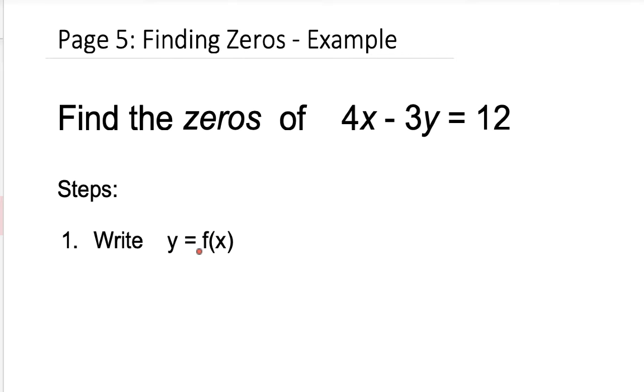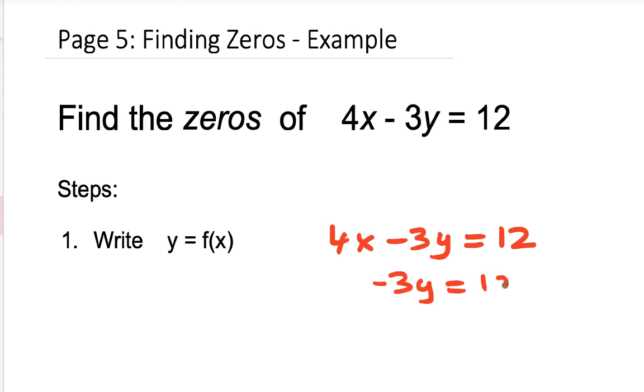We are given 4x minus 3y equals 12. Now let's get y on one side of this equal sign. So we will have minus 3y equals 12 minus 4x. You get the 4x over here. Now you divide by -3, and everything is going to be divided.